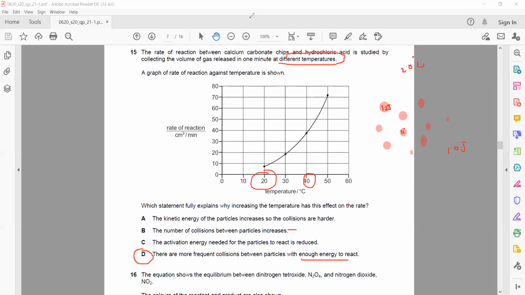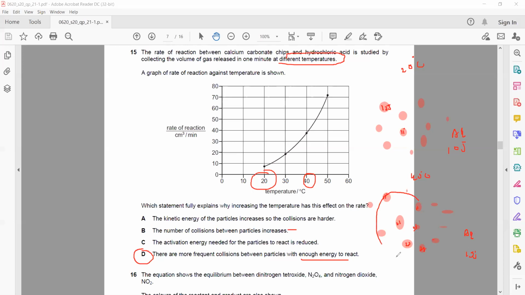But when we increase the temperature, the number of collisions, the frequency of collision per second, increases, as well as a greater proportion of particles having energy more than the activation energy. Here also the activation energy is 10, but a greater proportion of the particles have energy more than activation, for example 15, 11, 13, 20, 25.